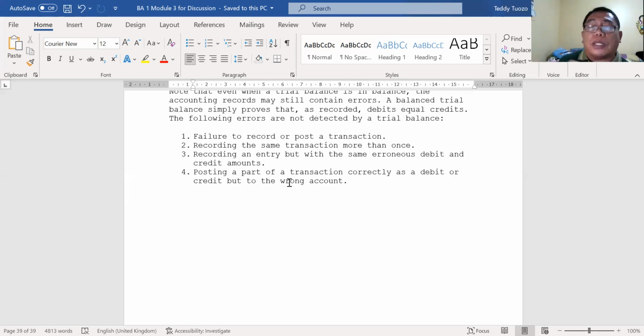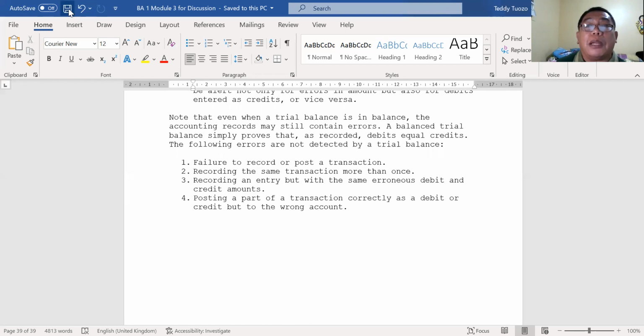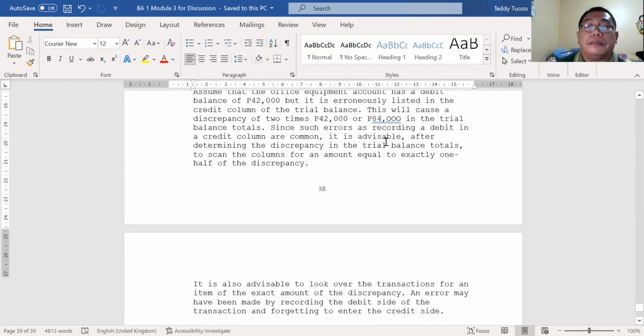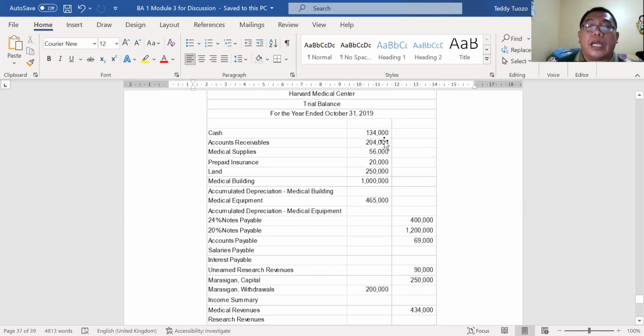Mabalanse gihapon because what you posted is a debit entry also. So ana siya. These are the errors, no? That may not be covered or discovered in the preparation of the trial balance.